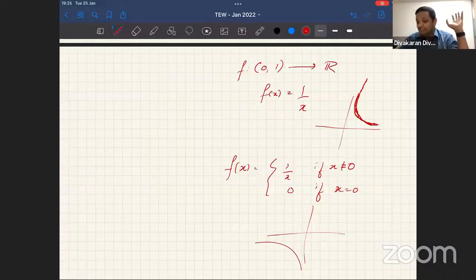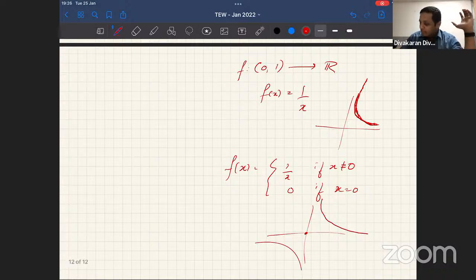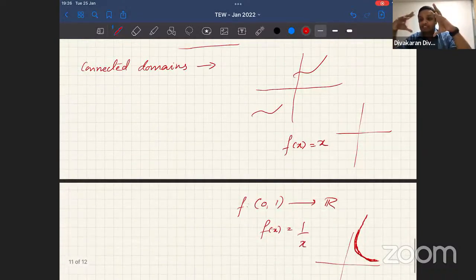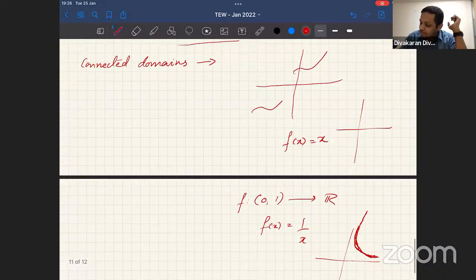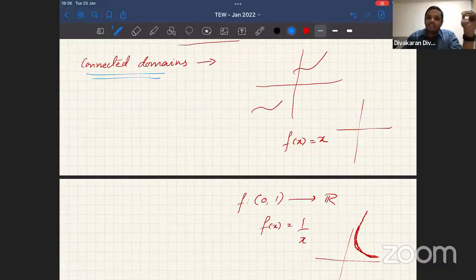Only after infinite time do I have to lift my pen and keep it here, and then again I can keep drawing for an infinite amount of time. So if you are using this other way of looking at no breaks, it makes sense to not just restrict our attention to connected domains, but also to closed and bounded intervals.